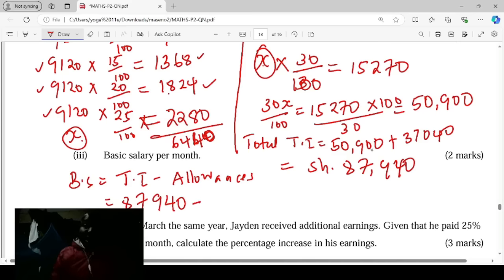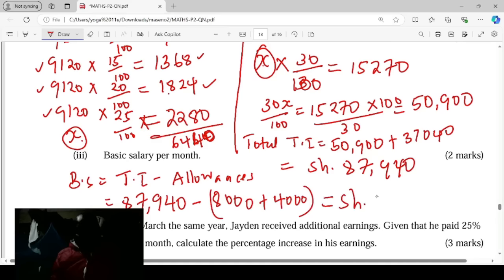Electricity imepotea, so wacha nikae tu kwa giza. Allowances tulikuwa na 4,000 na 8,000. And this one will be Kenya shillings 65. So basic salary ni 65,940. Hiyo ndio basic salary.